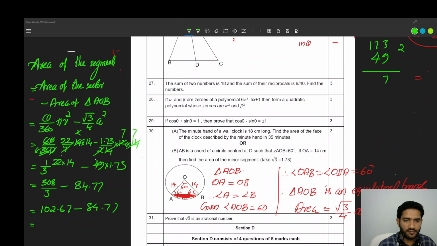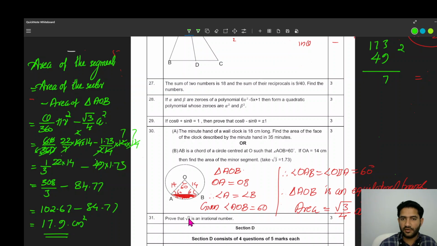If you are subtracting these two, you will get 17.9 centimeters square. Yeah, that's right. Okay. Then the last one, the 31st one.